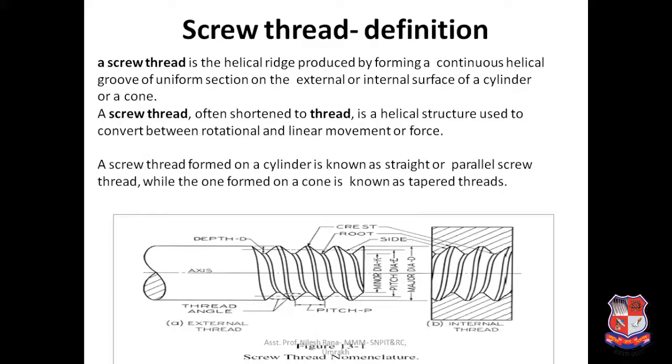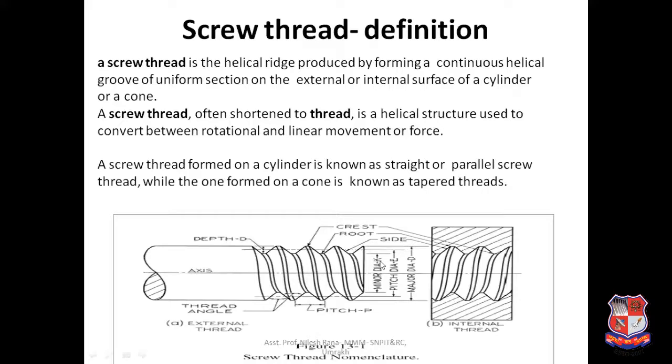Friends, you can see the figures of the external thread and internal thread. Here you can see this is the depth of the thread D. This highest top point of the external thread is known as the crest. The lowest point is called the root of the thread. This angular side is called the flank.